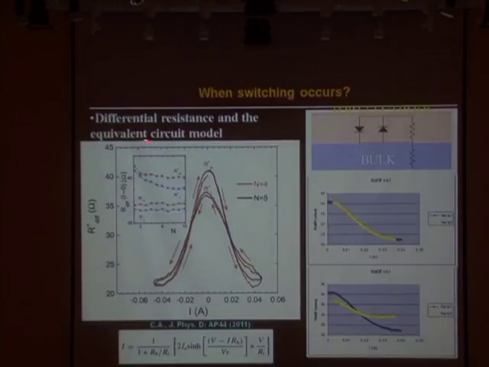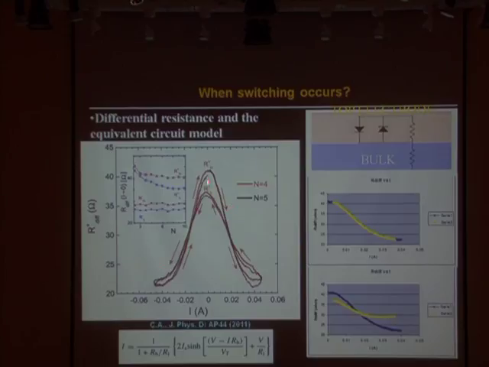We analyze the differential resistance during this type of cycle. For example, here we have two cycles of one of the contacts. We begin with this high resistance state. Then you follow a certain path here, and when you are again at a small current, you are in the low resistance state here.